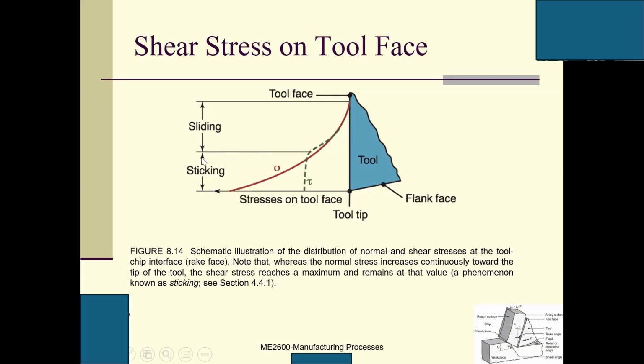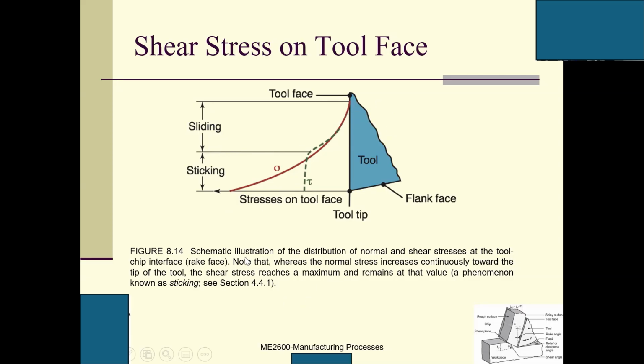So we have two regions. One is called sticking, and sticking means that the stress will be very, very high. Another area is called sliding, and here the chip will be separating from the tool face.